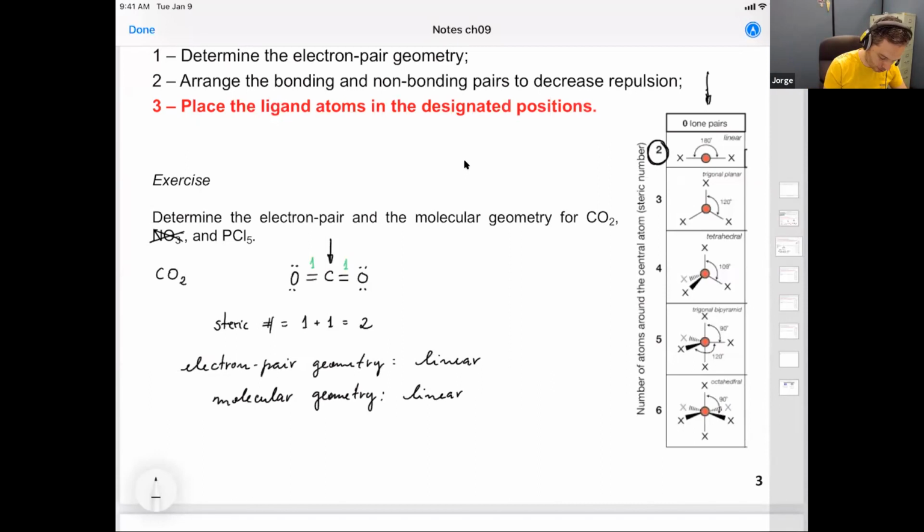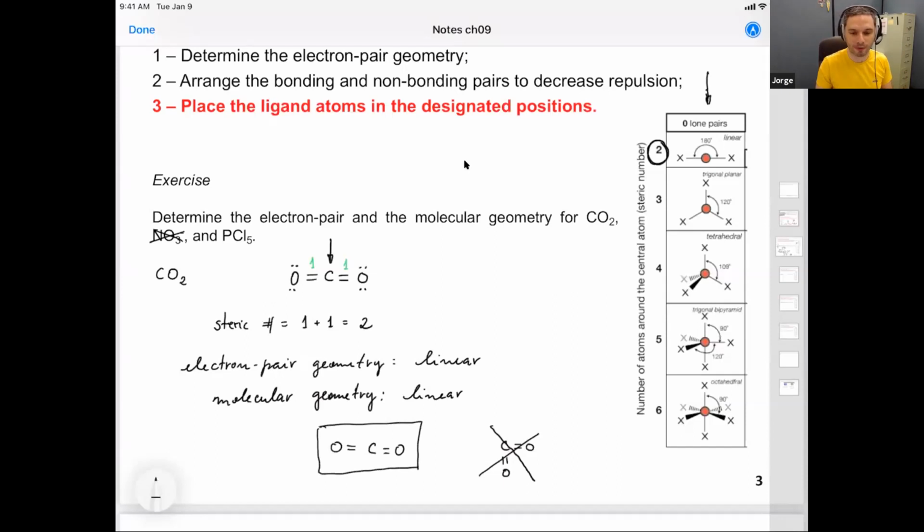And that's why we draw CO2 as a linear molecule and not as a right-angled molecule. Okay, so this one is the most stable configuration for the CO2 molecule.